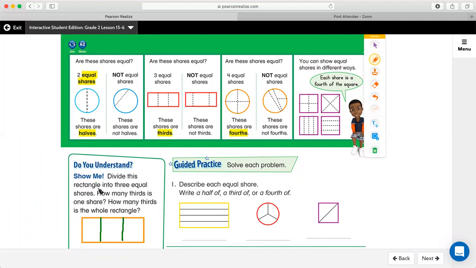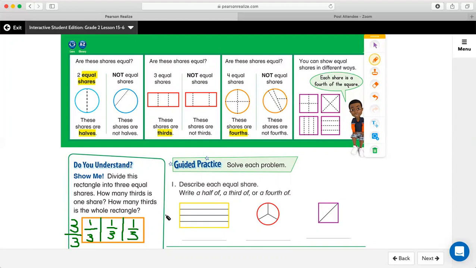Okay, how many thirds is 1 share? Well, 1 share would be 1/3, and this would be 1/3, and this would be 1/3, and the whole rectangle together would be 3/3, or we would say 1 whole.